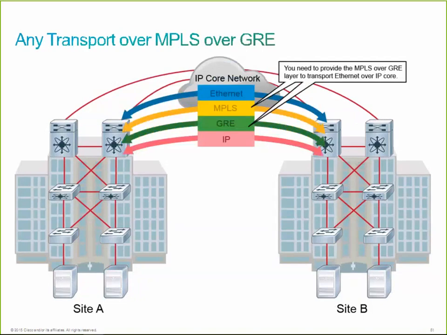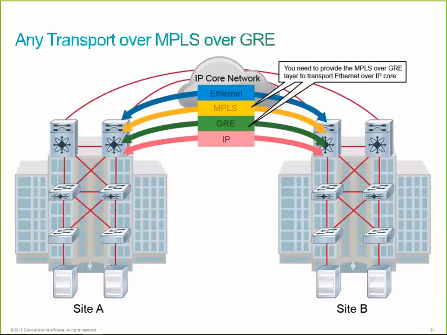There is another option, any transport over MPLS or over GRE, all right? That is our AToMoGRE, I forget what the acronym is. I think it's AToMoGRE, I believe that's what it is, right? Any transport over MPLS or over GRE.